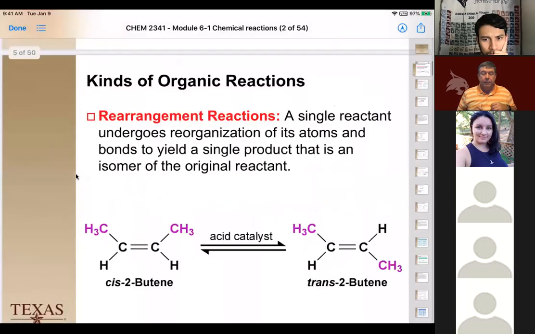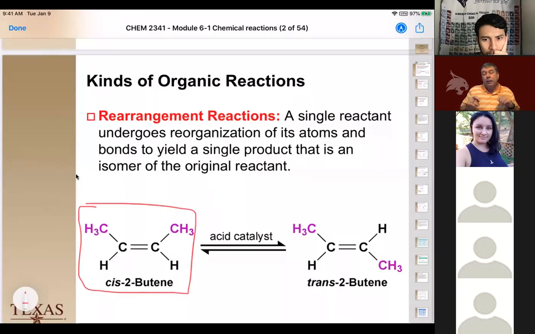Okay, the other thing that can happen is what we call a rearrangement. A rearrangement happens when you take it from one form and turn it into another isomer, but keeping all the bonds in about the same place, except you have a different isomer from the original product. So one way we can think about that is if we have this stereoisomer, the cis-alkene, we know that we can temporarily break that pi bond and have it swap around and then reform that pi bond in the case with an acid catalyst.